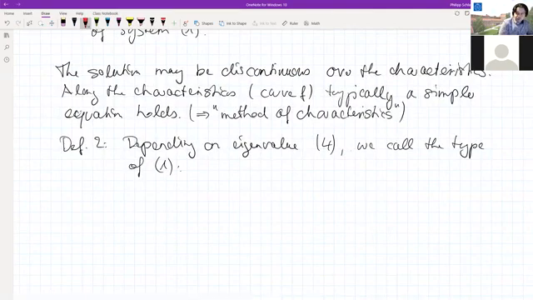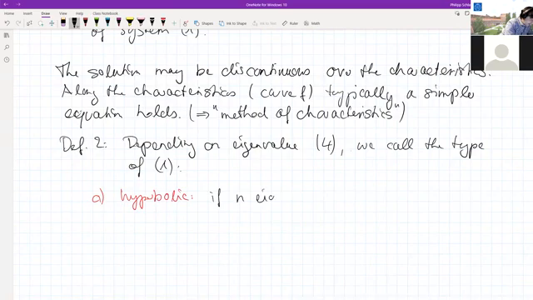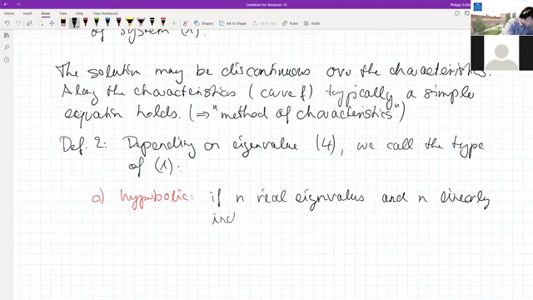I guess now you will understand what I meant by type. The system is of hyperbolic type if we have n real eigenvalues and n linearly independent eigenvectors a.